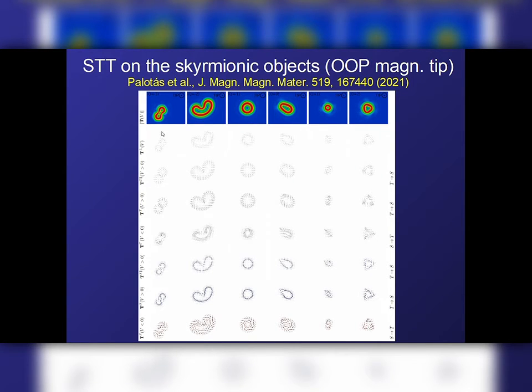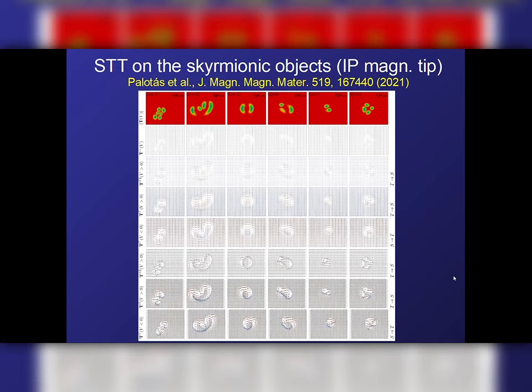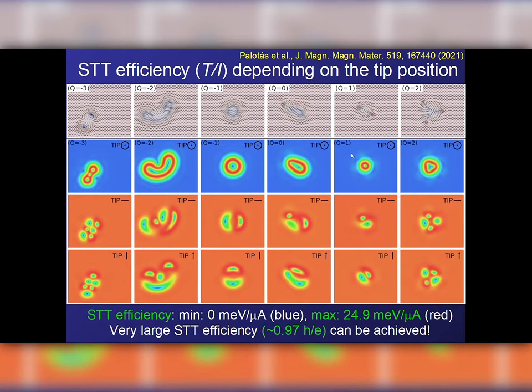And for the 6 skyrmions, we can calculate all these components of the spin transfer torque, and we can combine them to get the total torque for the out-of-plane, and in this case for the in-plane magnetized tip.